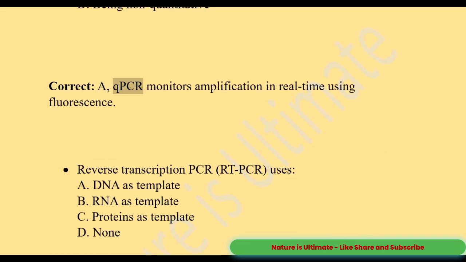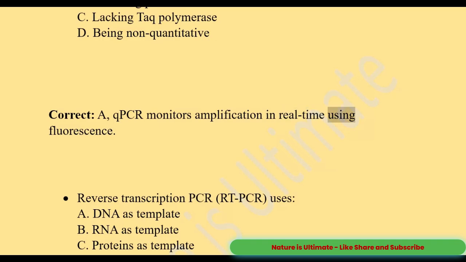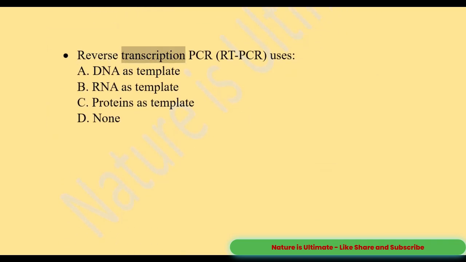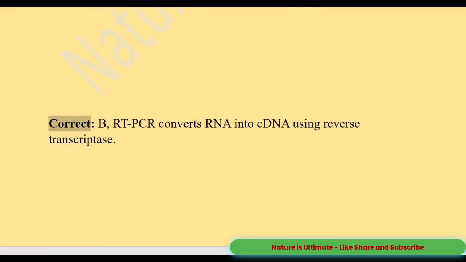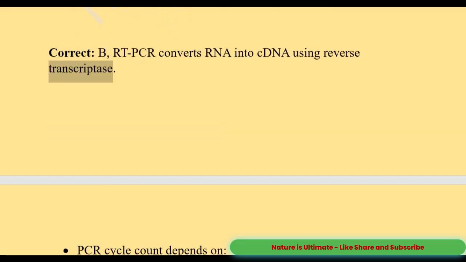Correct. A. qPCR monitors amplification in real time using fluorescence. Reverse transcription PCR, RT-PCR, uses A. DNA as template, B. RNA as template, C. Proteins as template, D. None. Correct. B. RT-PCR converts RNA into cDNA using reverse transcriptase.